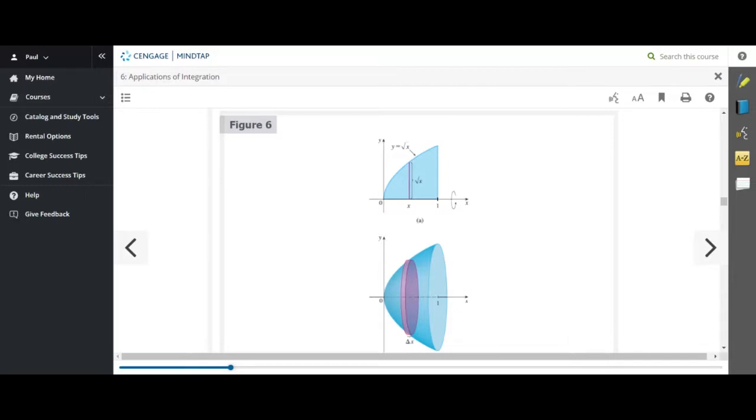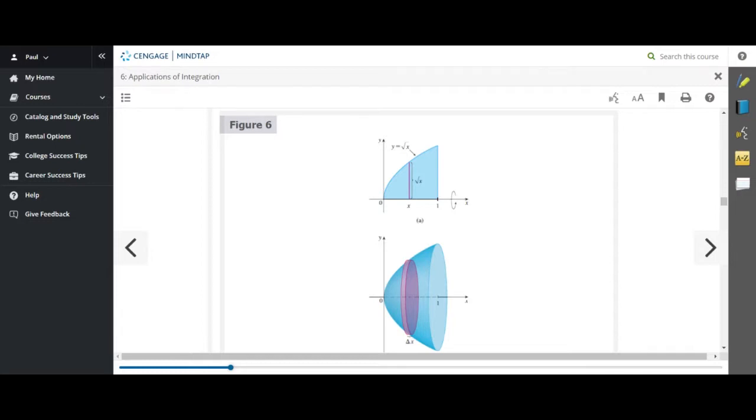So the area of a circle is pi times r squared, where r is the radius. Well, in figure 6, what would the radius be for that pink or purple disc there? What would the radius be equal to? Square root of x. That's right, Ange. Very good. Square root of x.